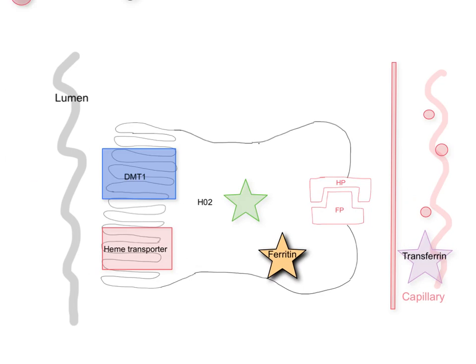In the case of non-heme iron, however, which is more common than heme iron, the divalent metal transporter 1 is the transporter that will bring the iron into the cell.